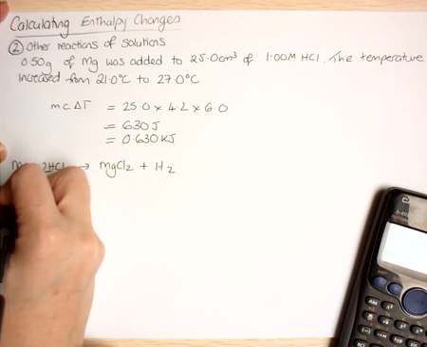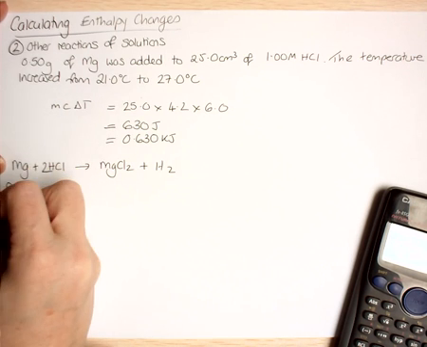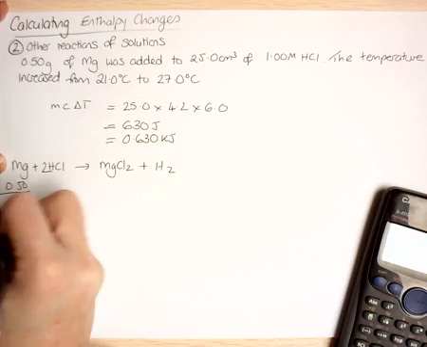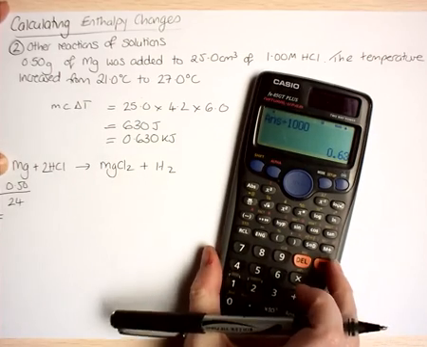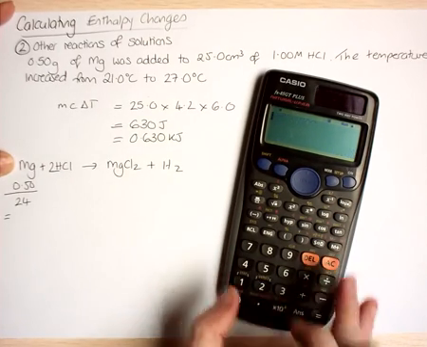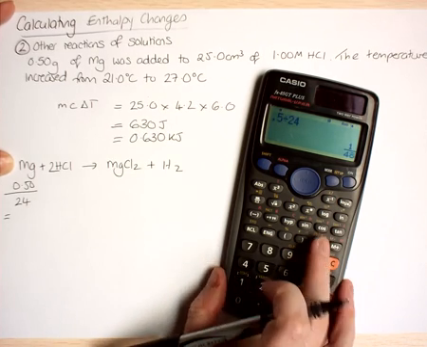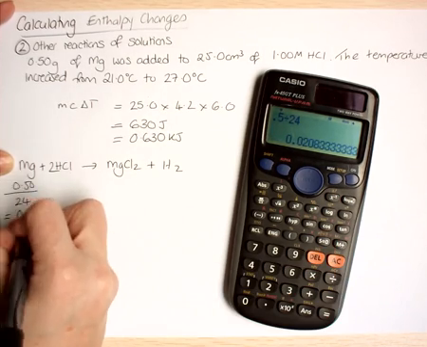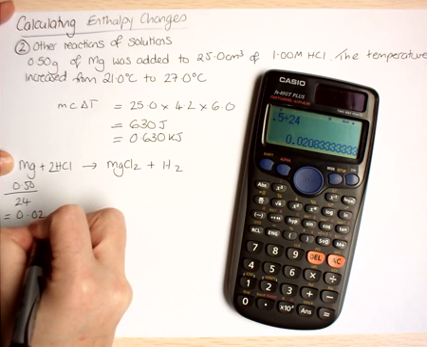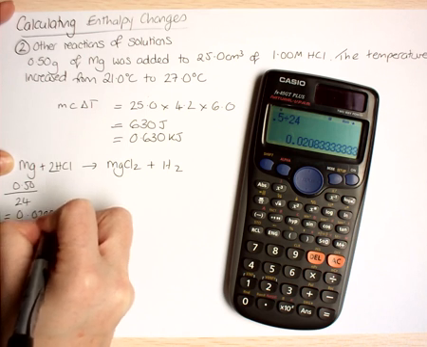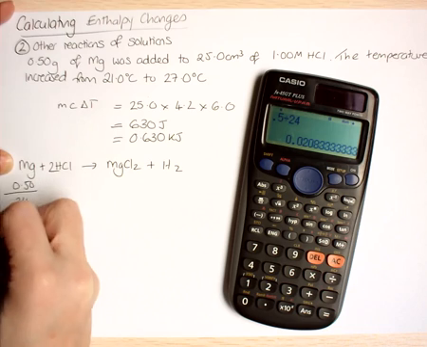So 0.5 divided by 24 is 0.0208 for magnesium.